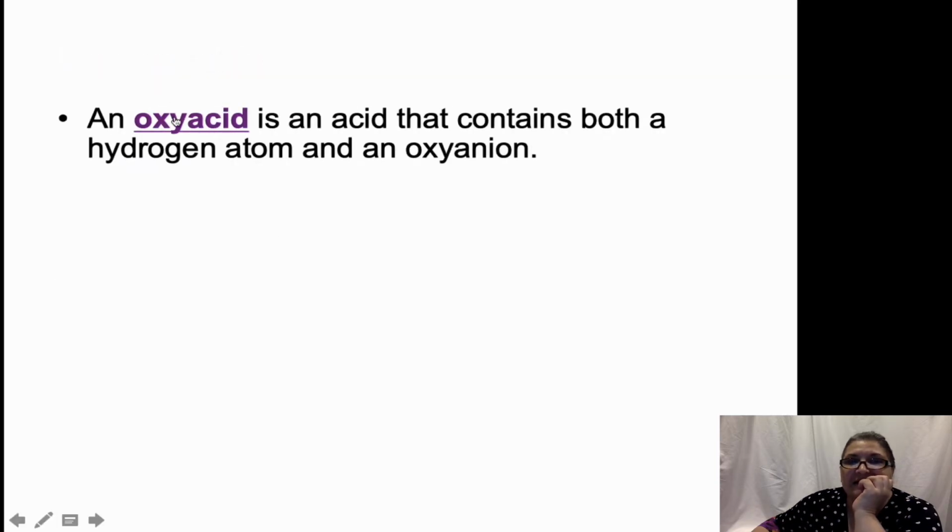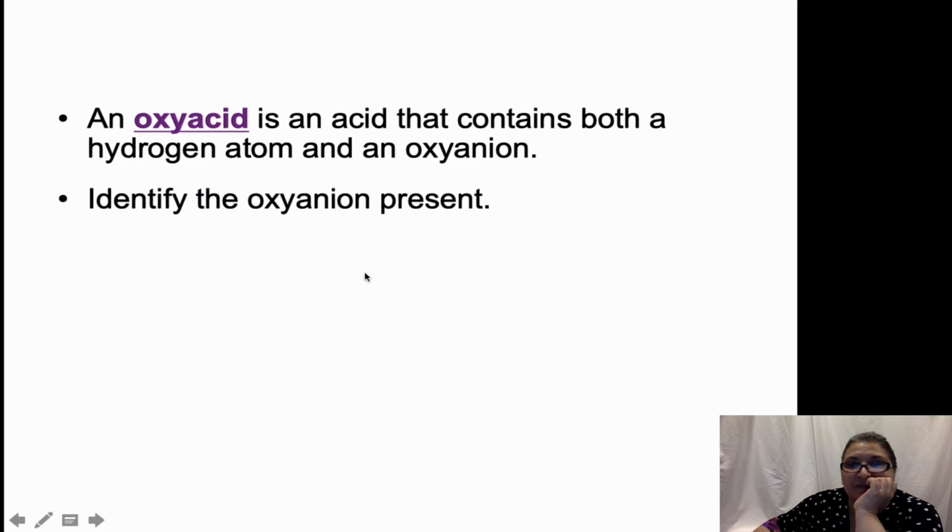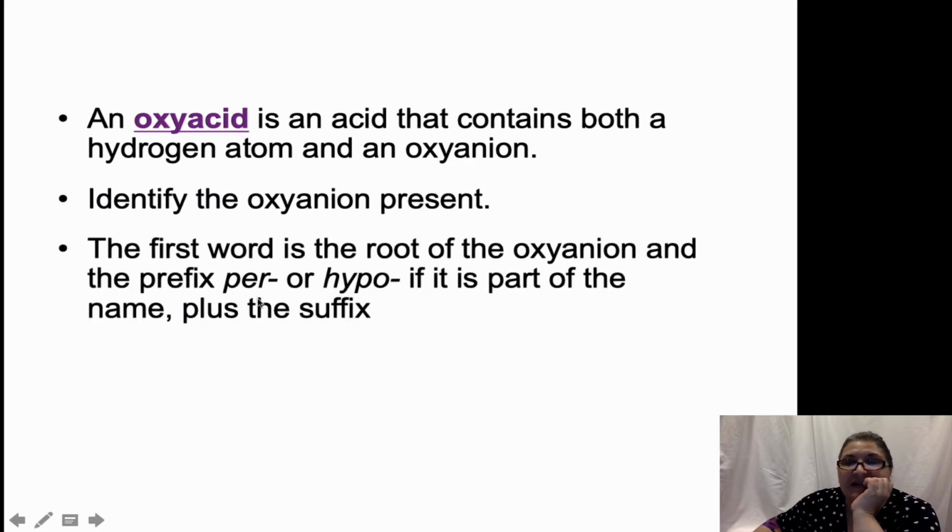Now, oxyacids. An oxyacid is any acid that contains hydrogen and an oxyanion. An oxyanion is polyatomic, so you also want to have a list of common polyatomics handy. So first, if the name of the polyatomic has a per or hypo, then you include it in the acid.